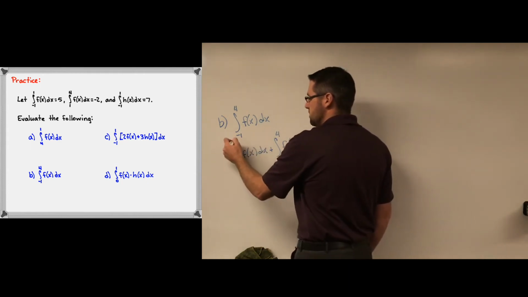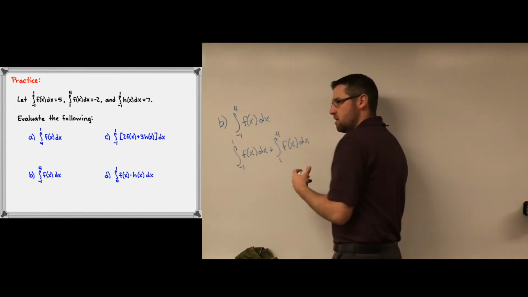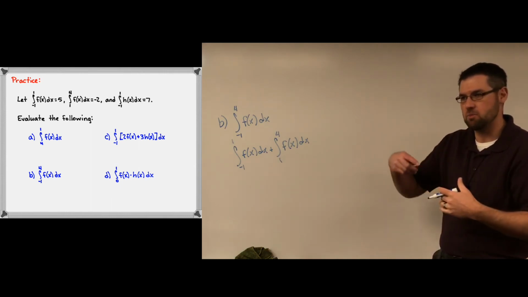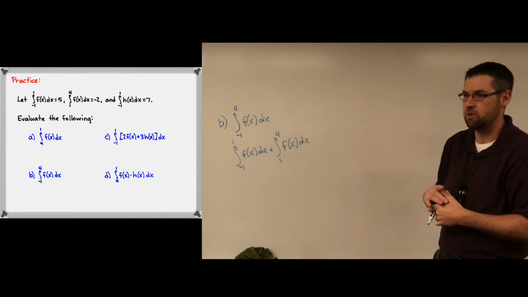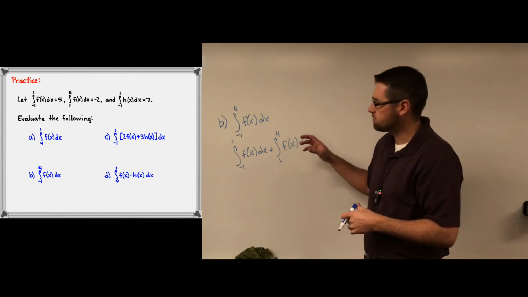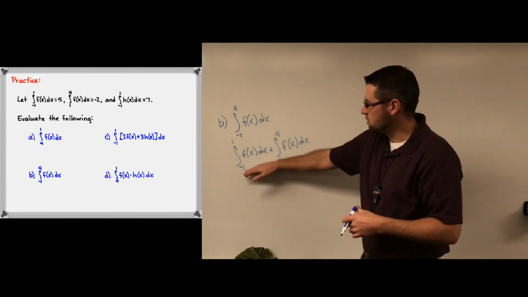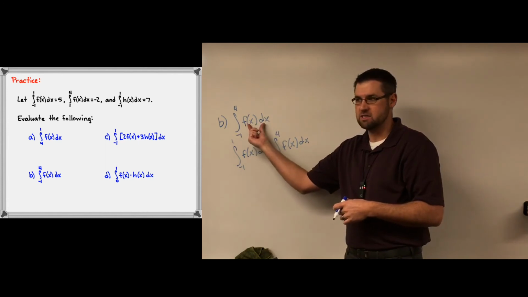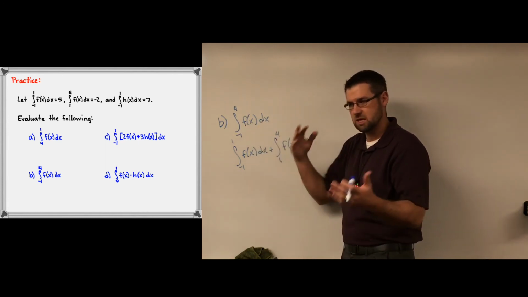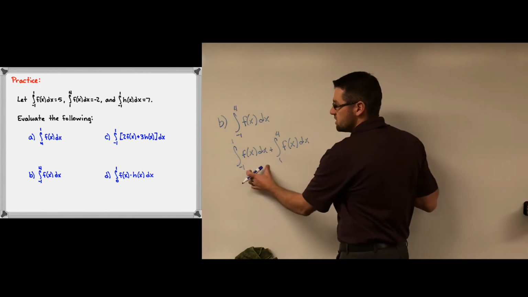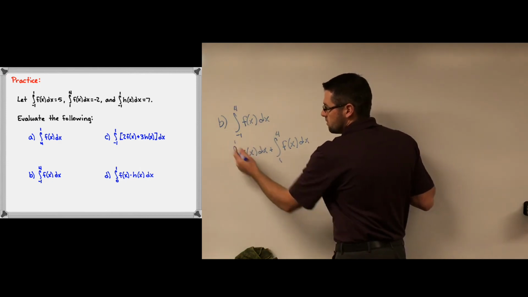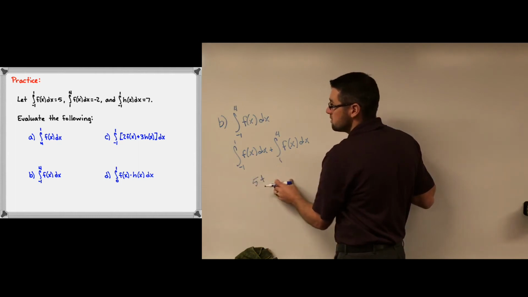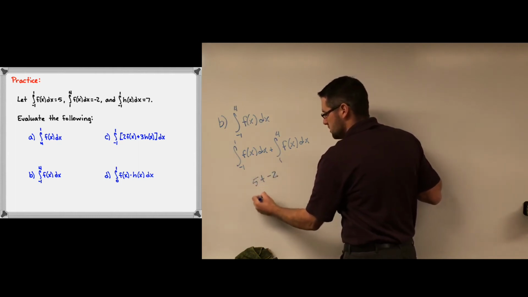Paying attention to what you're given, and if you're not paying close enough attention, you don't know these rules well enough, you're going to try and apply a rule that doesn't necessarily go with the one. Like this rule versus the sum, where the integrand is a sum of two functions. Students tend to mix those two up. Okay? So what's this? Negative 1 to 1 is 5 plus negative 2, which is 3.